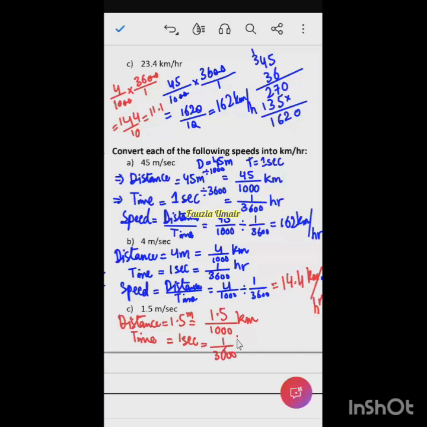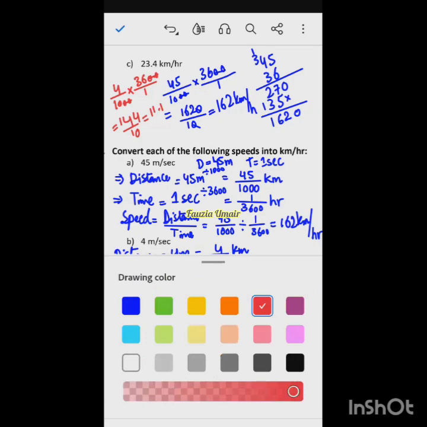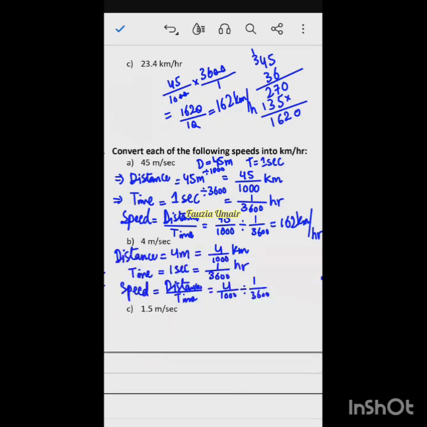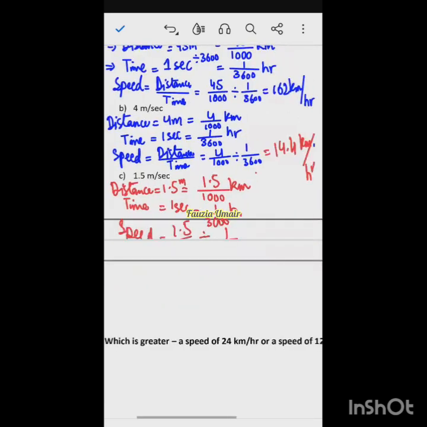So how about others? Are you done? So it's 1.5 by 1000 divided by 1 by 3600, right? Those who are good at calculations will do well in this topic. So I'm just calculating it here.